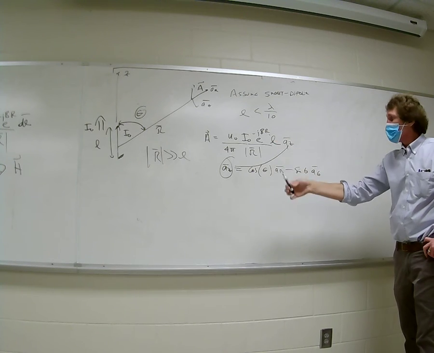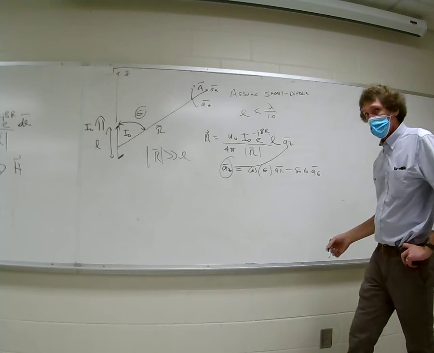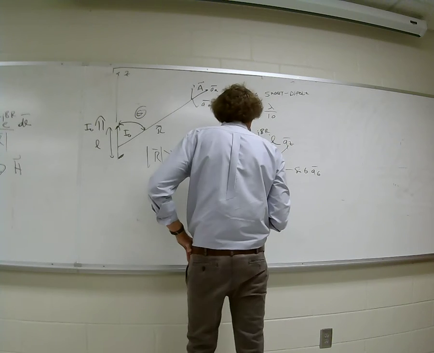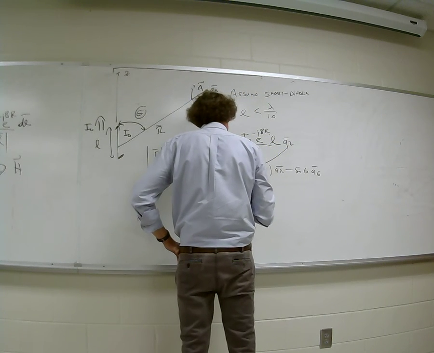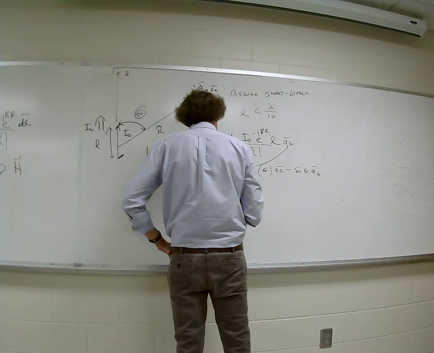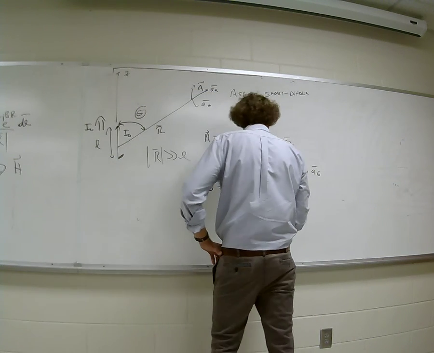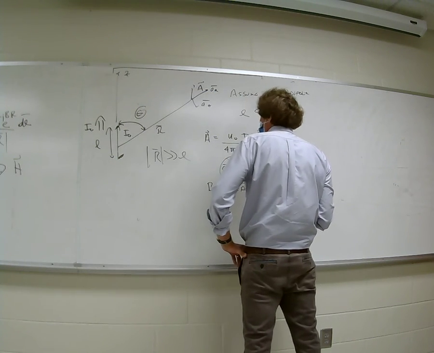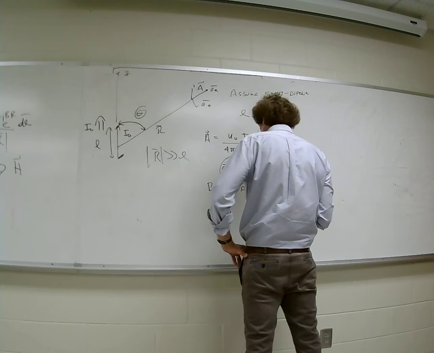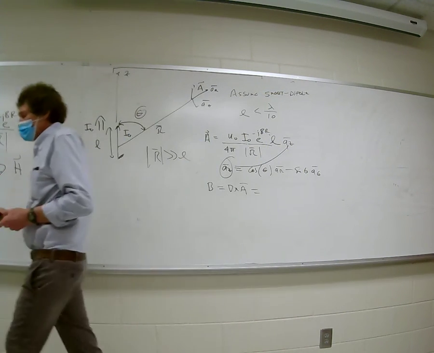And then what he'll do is take the curl of A. You could do this, but it's not really necessary. And when we do curl of A here, you get B. Actually, let me get H first, because it'll get rid of that mu 0.